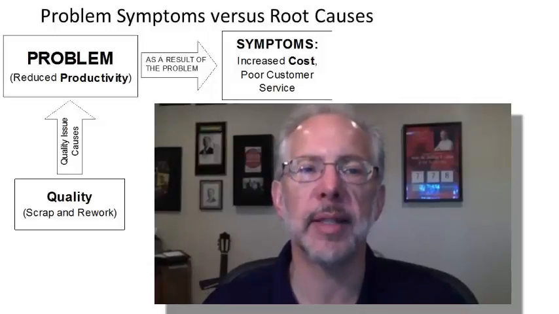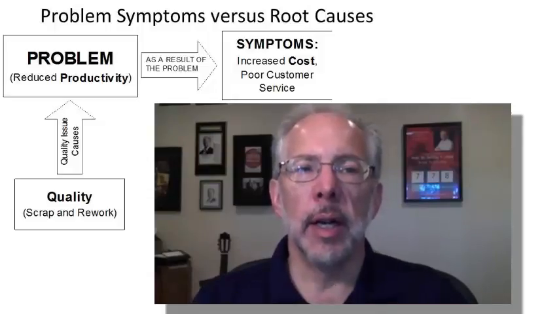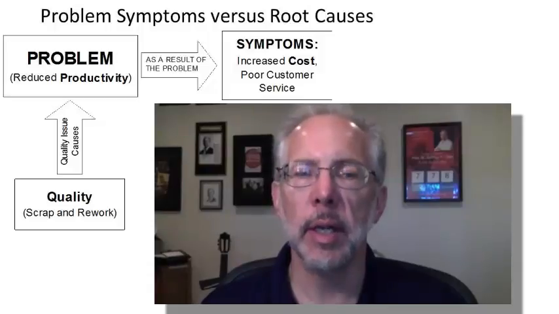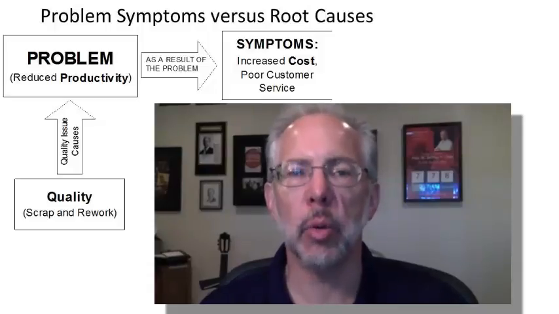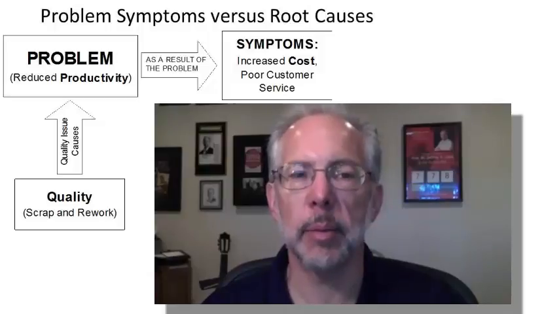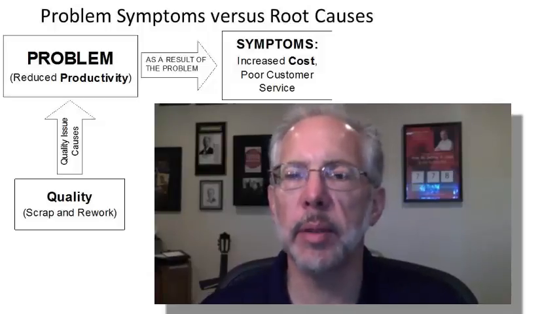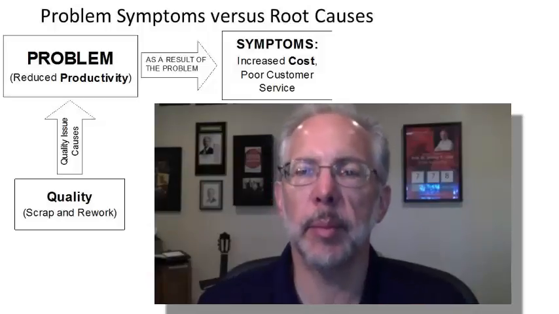So, for example, in this case, the problem was seen as reduced productivity. Productivity went down. And a good coach would ask, okay, productivity went down. Why is that a problem?